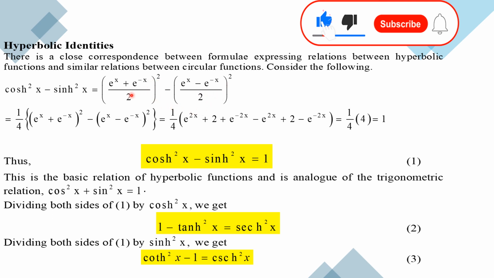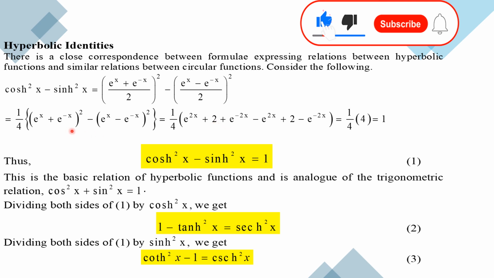Taking the squares, we take 1 by 4 common outside: e^(2x) plus 2 e^x e^(-x), so e^(x minus x) becomes e^0, and e^0 is equal to 1. So we just have the 2.